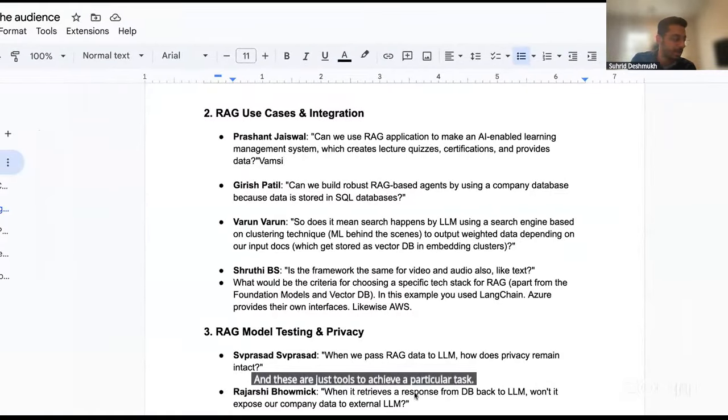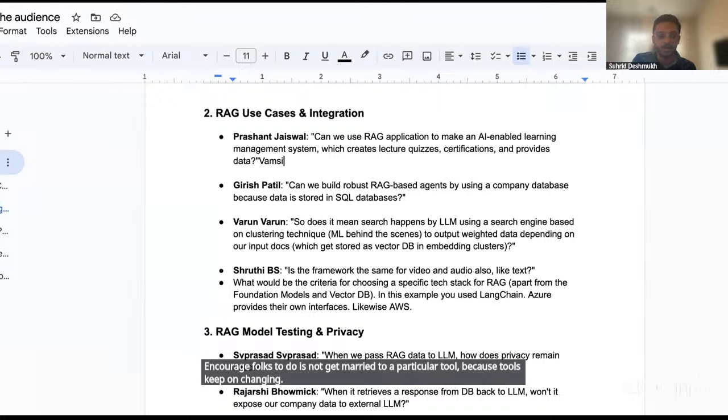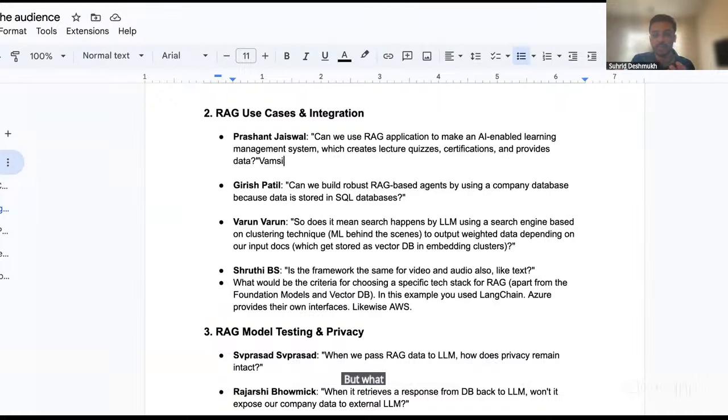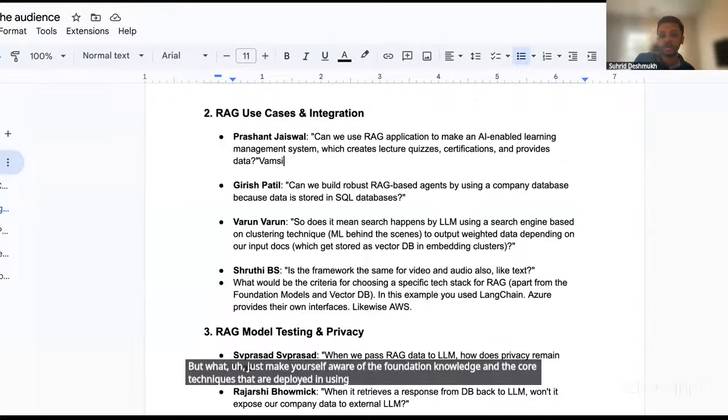What I typically encourage folks to do is not get married to a particular tool because tools keep on changing. Just make yourself aware of the foundation knowledge and the core techniques that are deployed in using and building these tools.